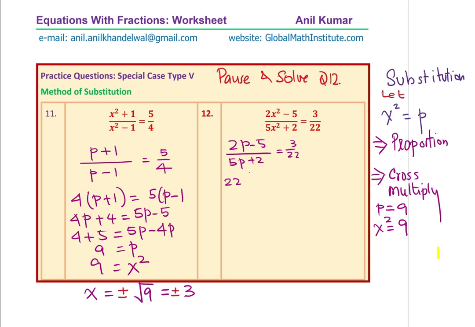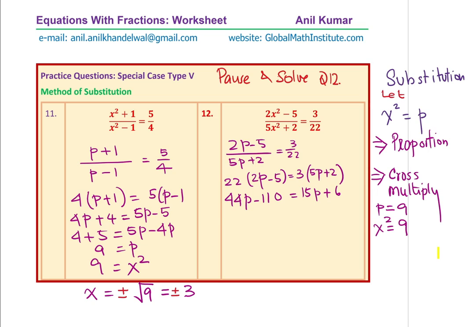The numbers are slightly bigger this time, but the strategy is exactly the same, as you can see. Now these are the type of questions which you expect in the test papers. Does it make sense to you? So now you have to multiply 22 with both the terms in the bracket. 22 times 2p is 44p, and 22 times 5 is 110, plus 1 gives 111, equals 15p plus 6.